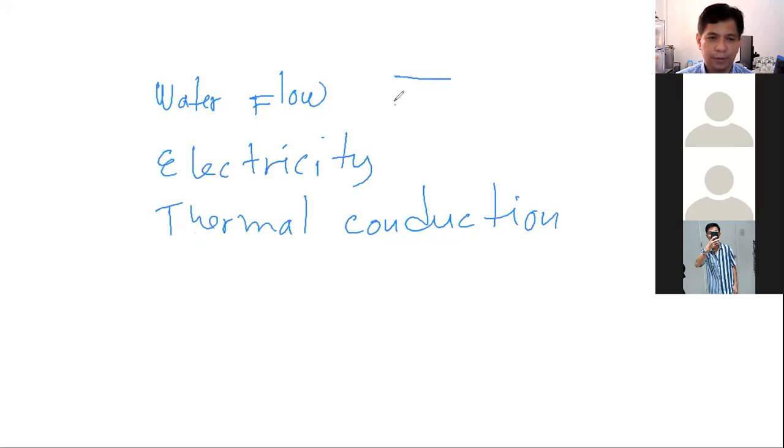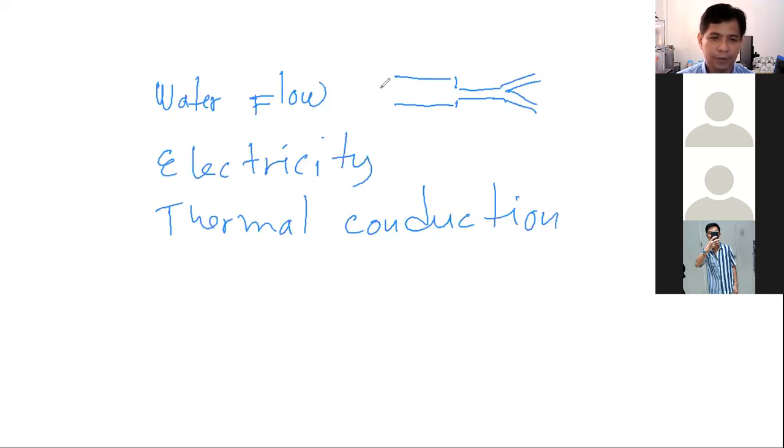So, halimbawa, meron kayong isang pipe, no? Tapos, you're going to flow into another smaller pipe, okay? And then the smaller pipe would flow into two pipes. Ganyan, no? So, analogous din yan sa thermal conduction, ano?